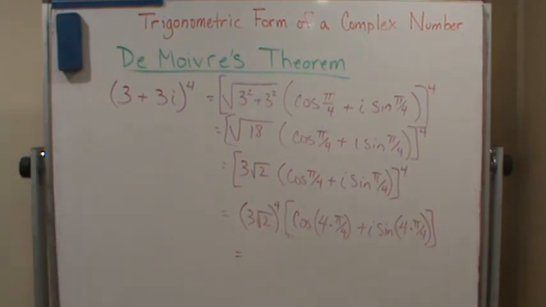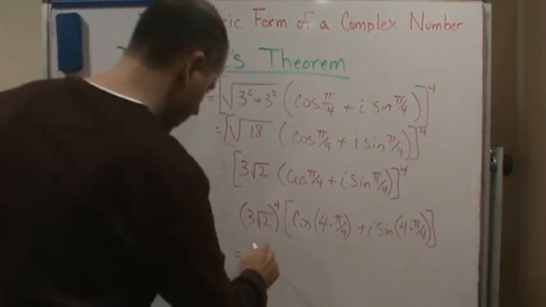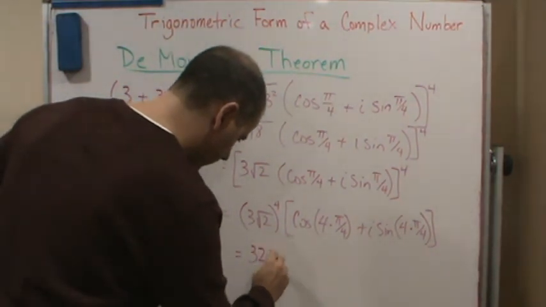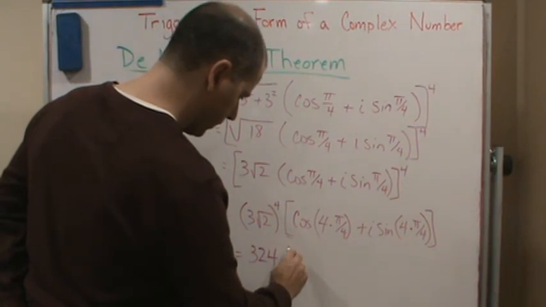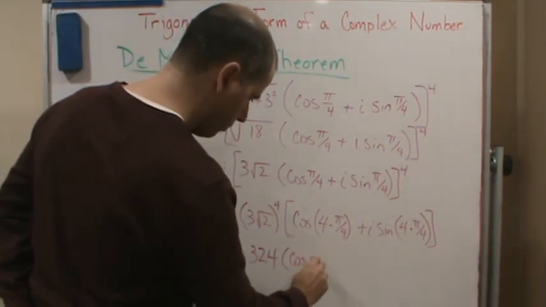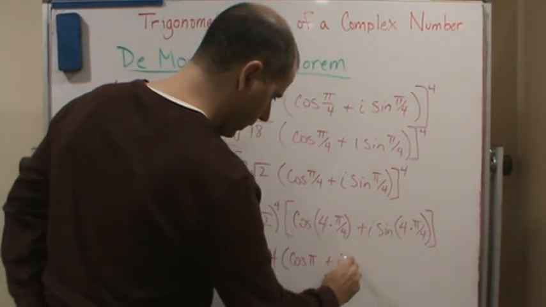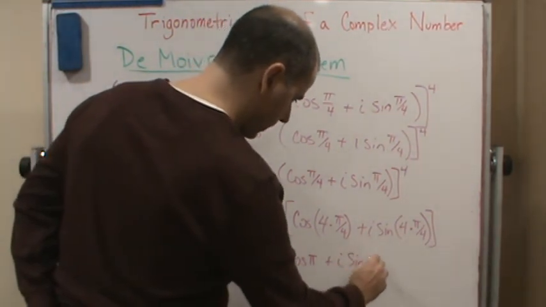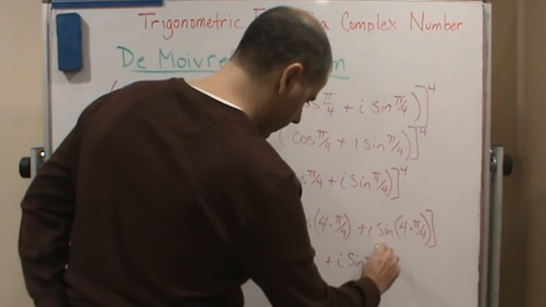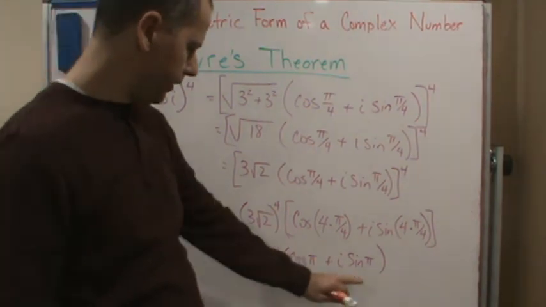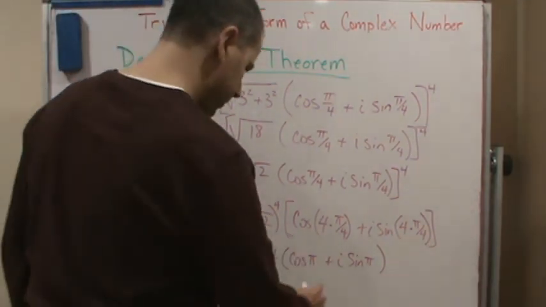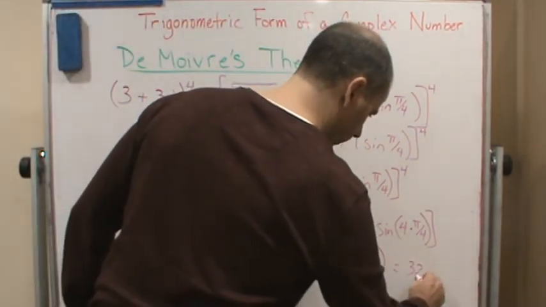That's right, 324. And then this is just going to be cosine of pi plus i sine pi. Oh, that's nice. Well, cosine pi is 1, sine pi is 0. So we just get 324.